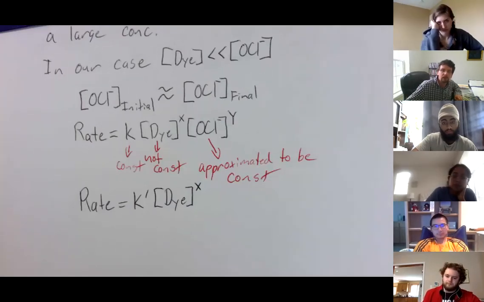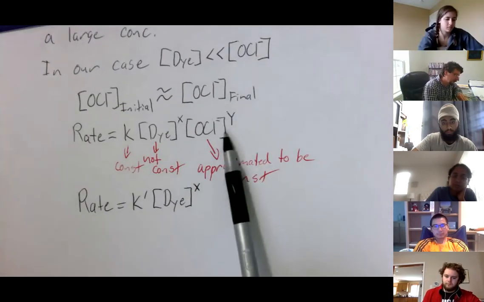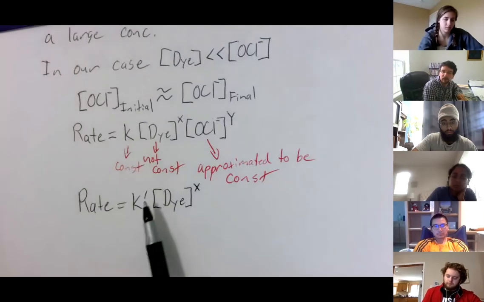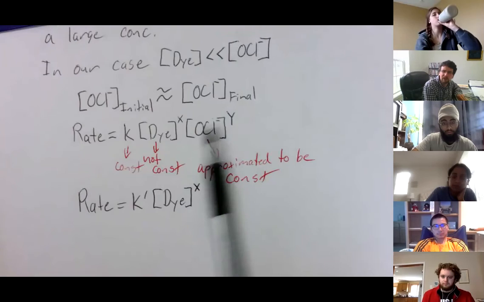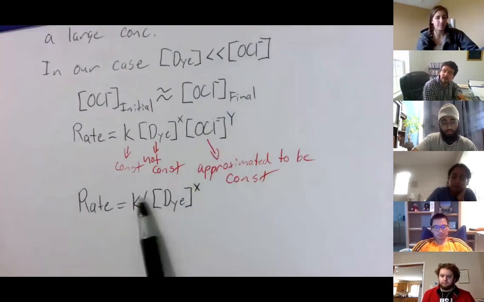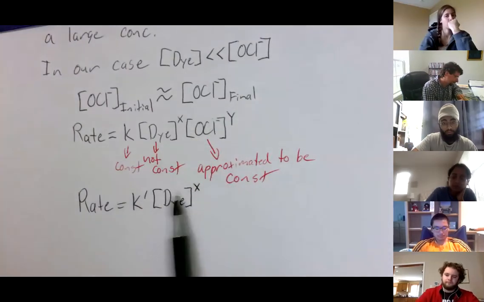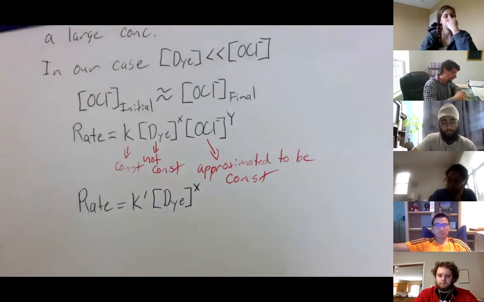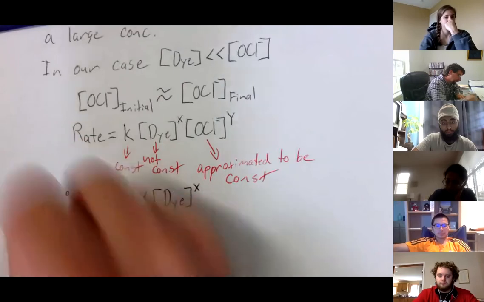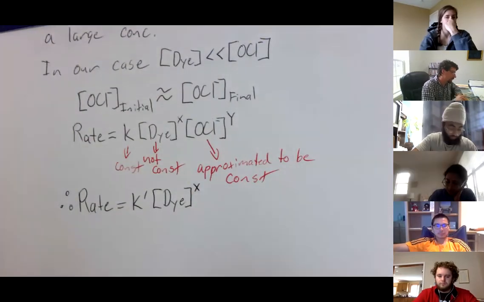So we get rid of it. Yep. What we're doing is we're just taking this and flinging it into a constant. So notice how K prime and K are actually different. This value right here will be a constant, and this is known as a way to approximate this system. So therefore, that's what our rate law is going to be.